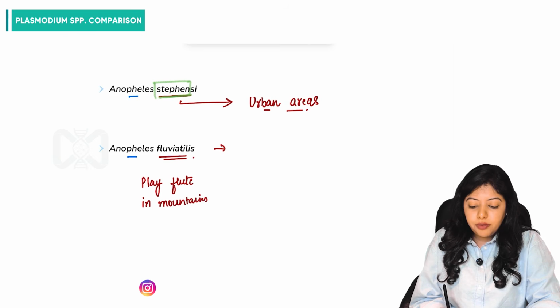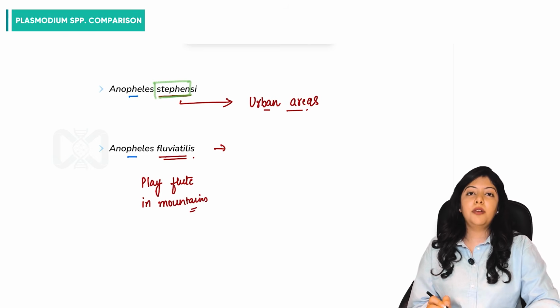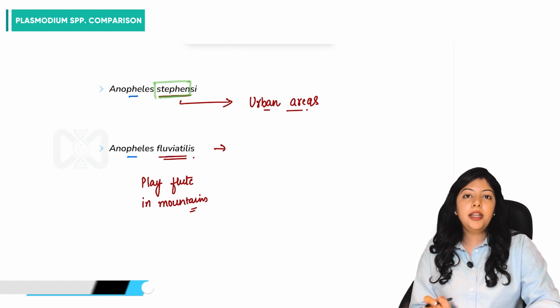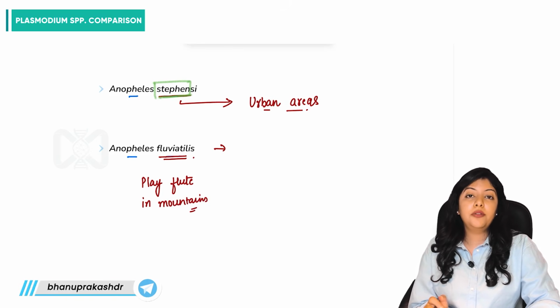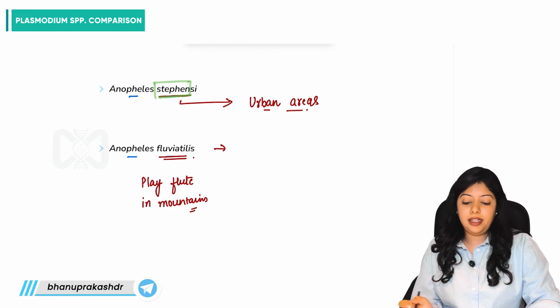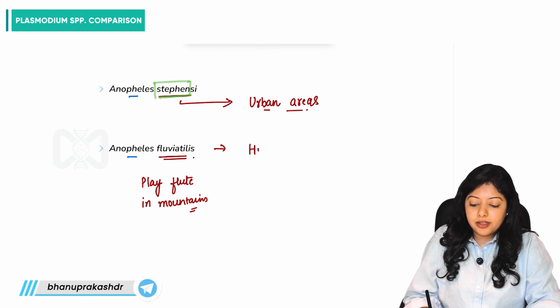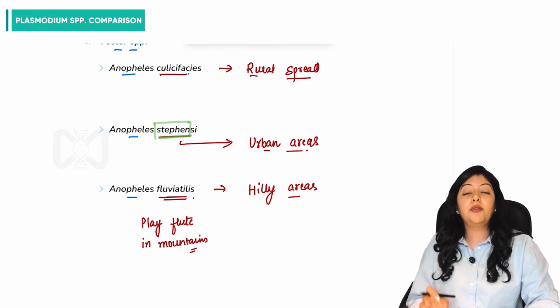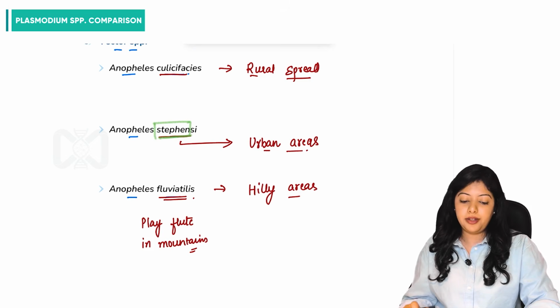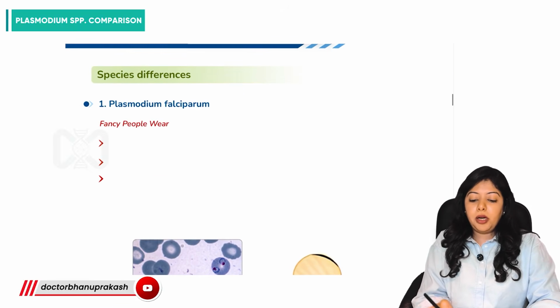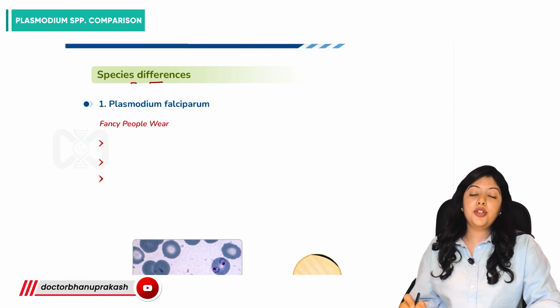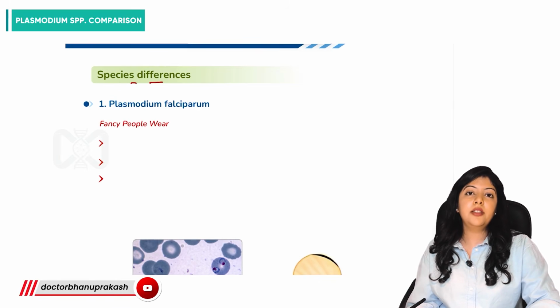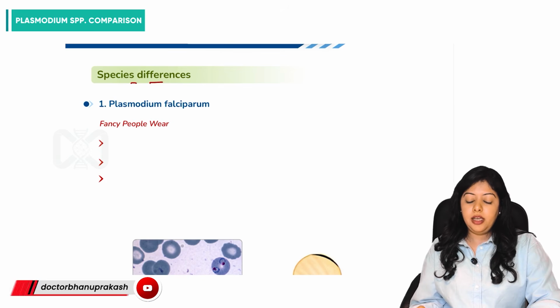So Anopheles fluviatilis will be responsible for the spread, or they act as vector of malaria in hilly areas. This makes it very easy to remember which species is responsible for urban, rural, or hilly areas. Now talking about the species differentiation and the differences which get asked as image-based questions.